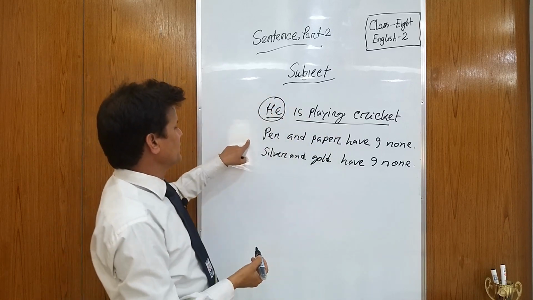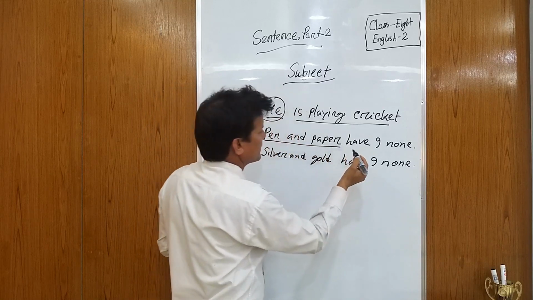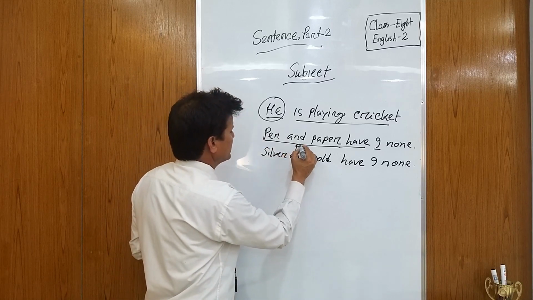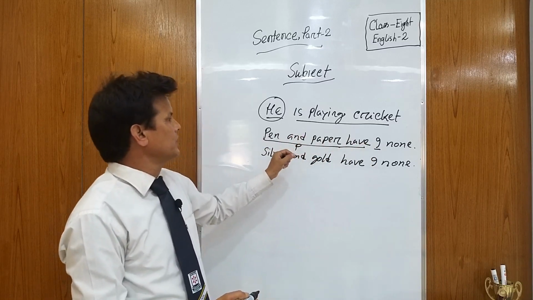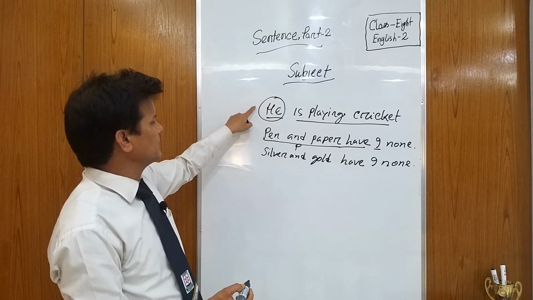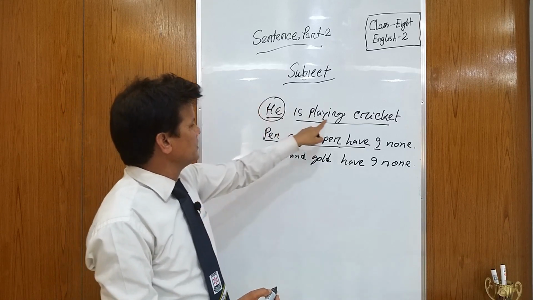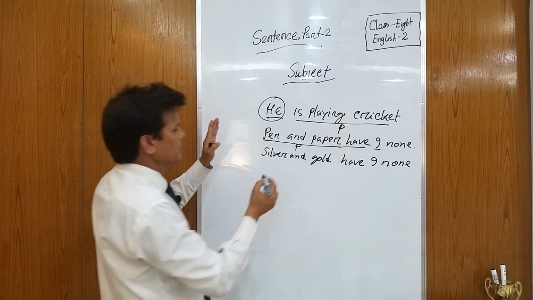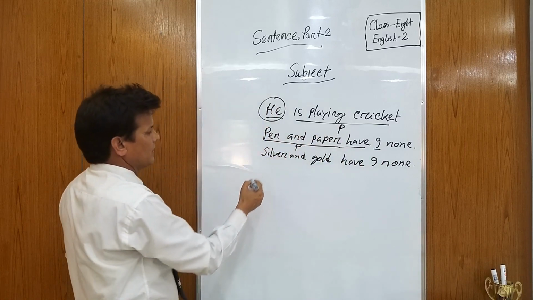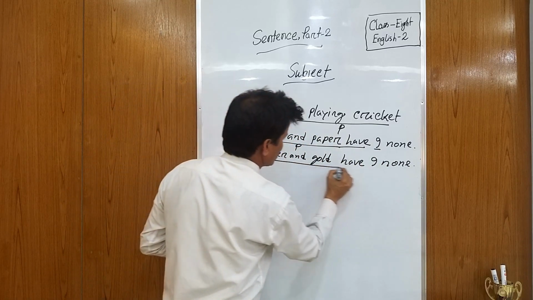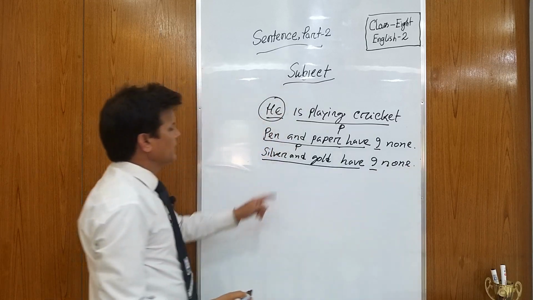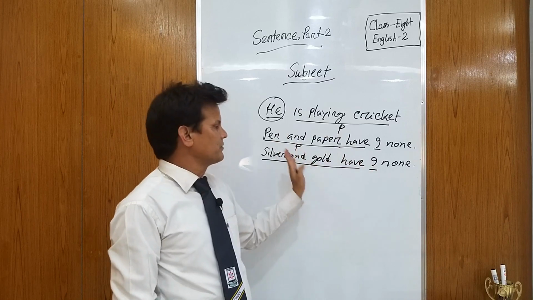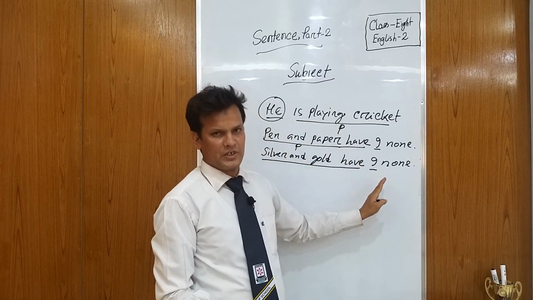But here is an exception: "Pen and paper have I none." The predicate is here before the subject. Here the subject is before the predicate, but here is an exception: the predicate before the subject. And similarly here, "Silver and gold have I none."